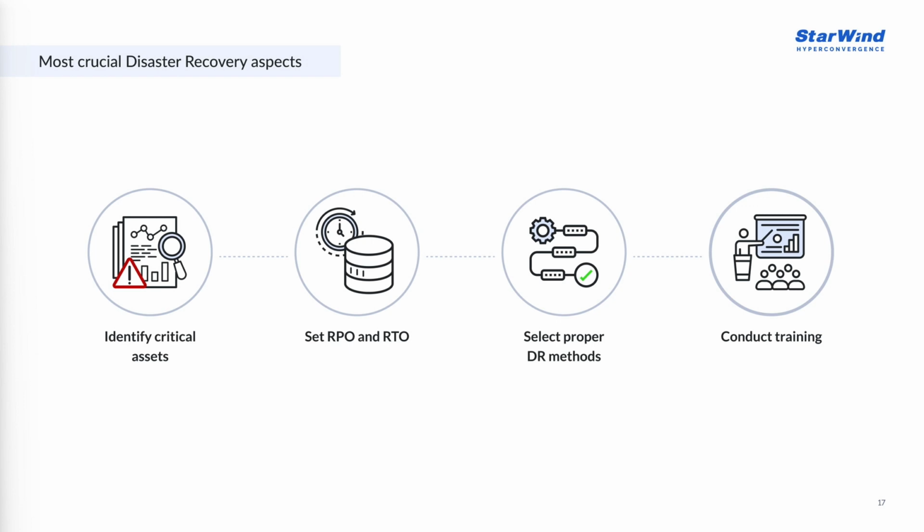Then, of course, based on these, we select proper DR methods, for example, fast immutable backups or hypervisor-based replication. And of course, the main thing here is to conduct training, because without understanding what to do in a critical situation, you'll just be losing money at the end of the day. Thank you.